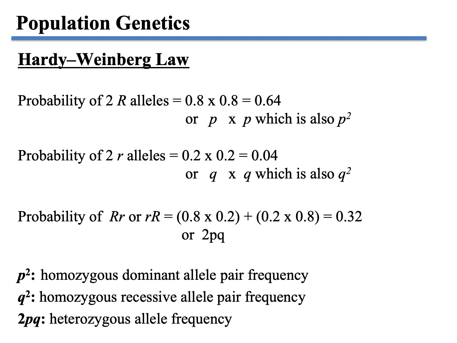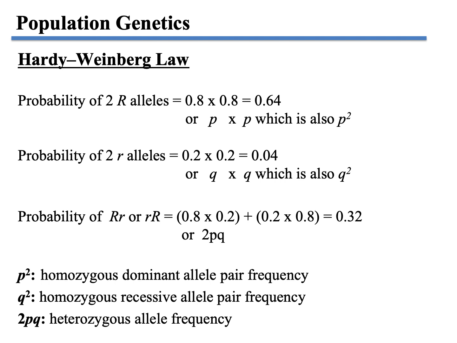We can hold that same logic through for the homozygous recessive genotype. The probability of receiving two recessive alleles is 0.2 times 0.2, or q times q, which is also referred to as q squared.